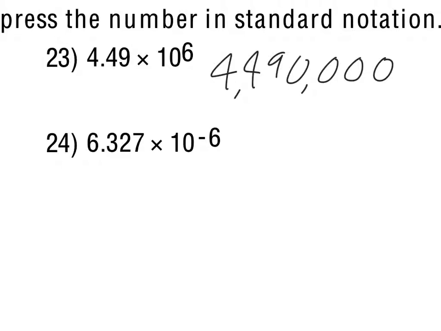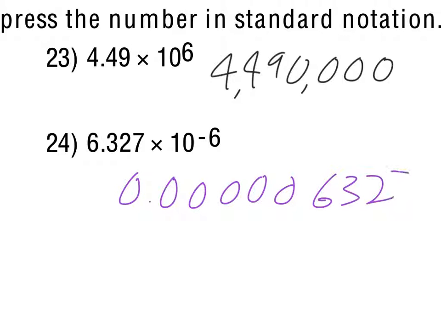Number 24, it's a small number, and I can see that it's got a negative 6. So I can tell from that alone that it's going to have a total of 6 zeros before the 6327. Again, that does include the 0 properly placed in front of the decimal point that we have in our small number here.